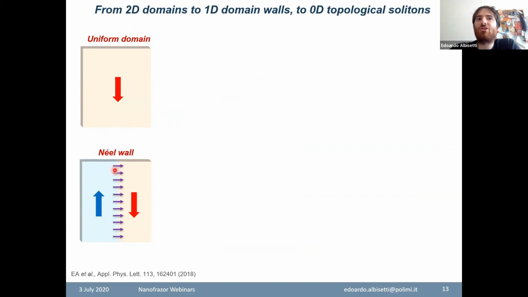And the magnetization, this coherent rotation of spins in this domain wall, can be towards the right or towards the left. And there's nothing that tells the magnetic material in which direction this domain wall should turn.